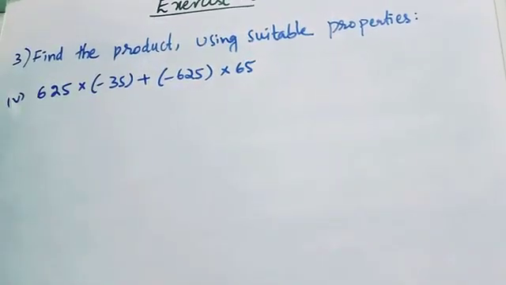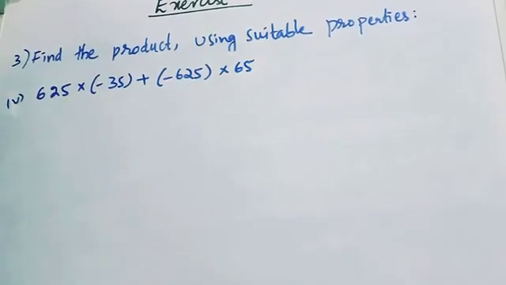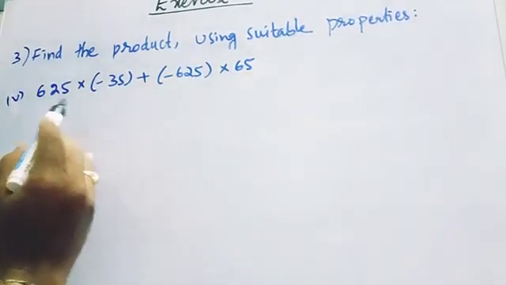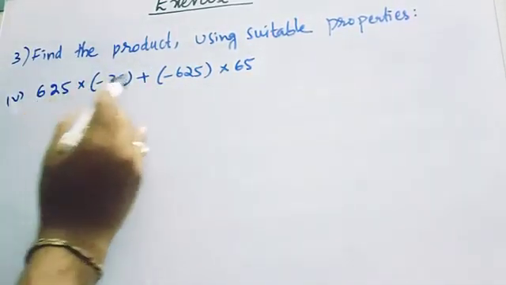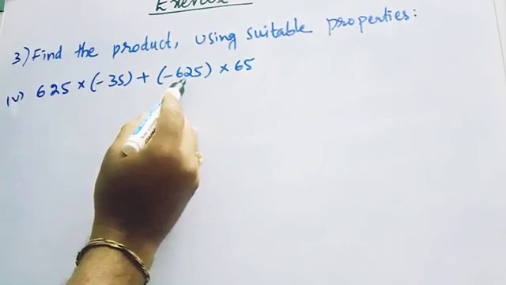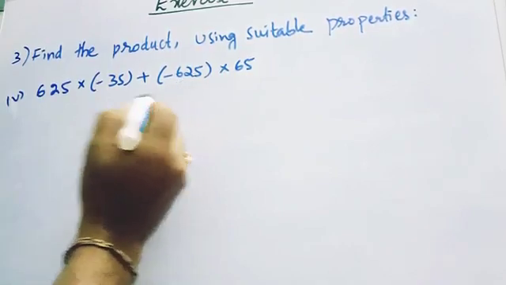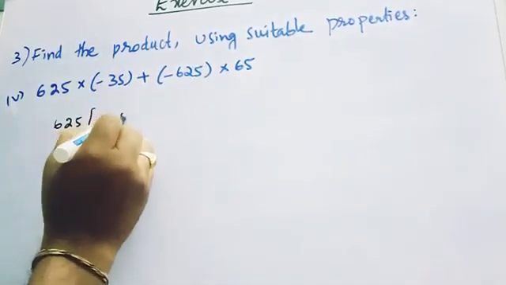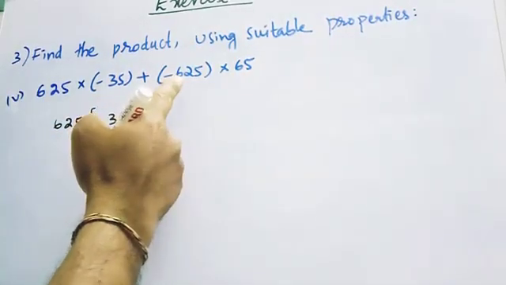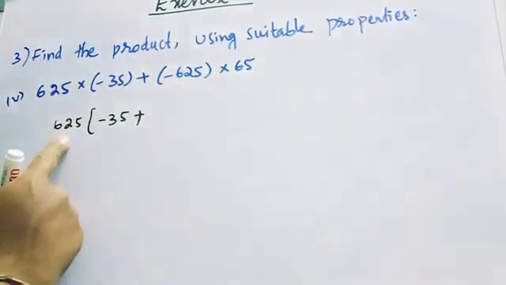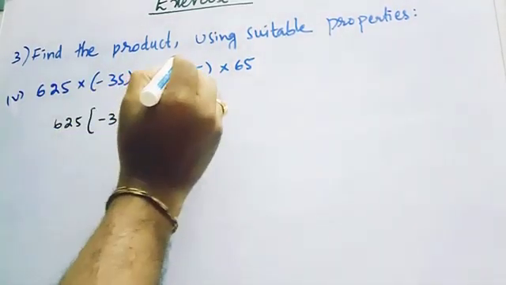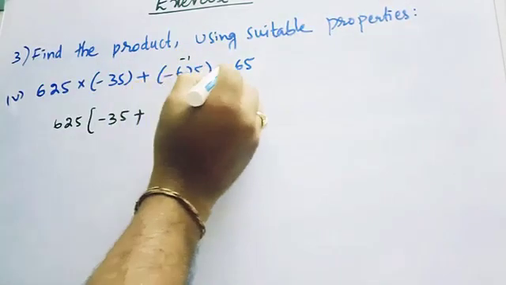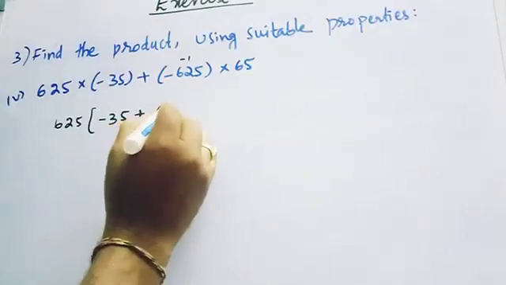Next question: 625 into minus 35 plus minus 625 into 65. Here there are no common terms, but if you take 625 and 625 as common, using the distributive property, you can take 625 as common. So the remaining terms are minus 35 plus, here minus 625 is there, but I took positive 625, so minus 1 will be there. If I am taking the common, minus 1 into 65 you will get minus 65.